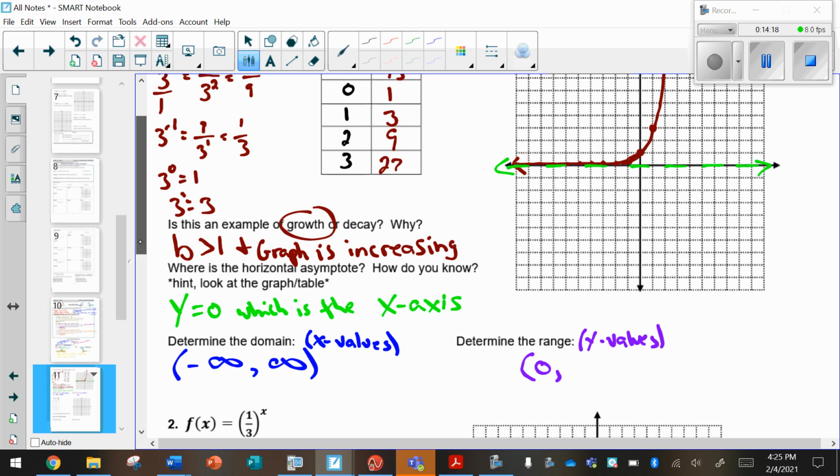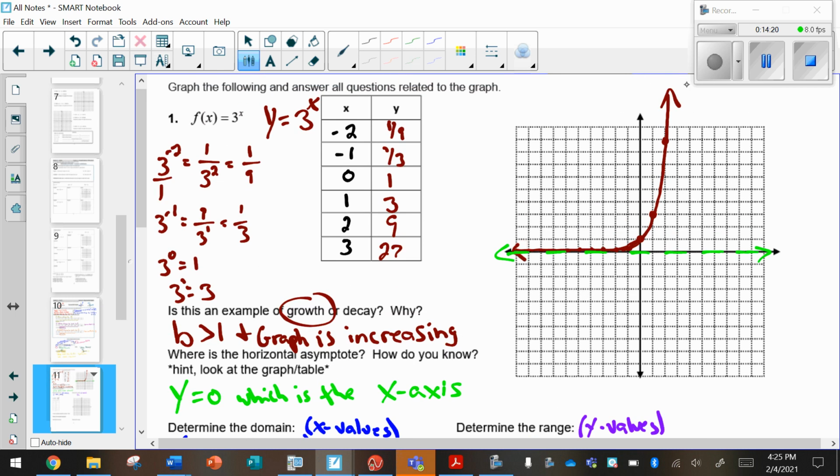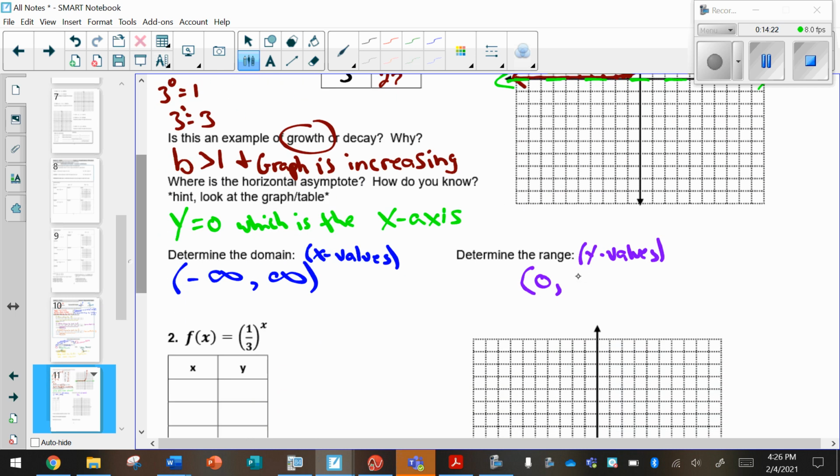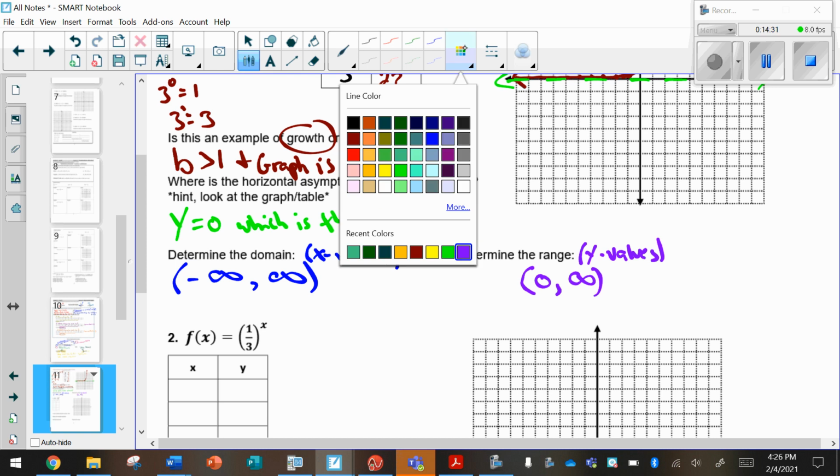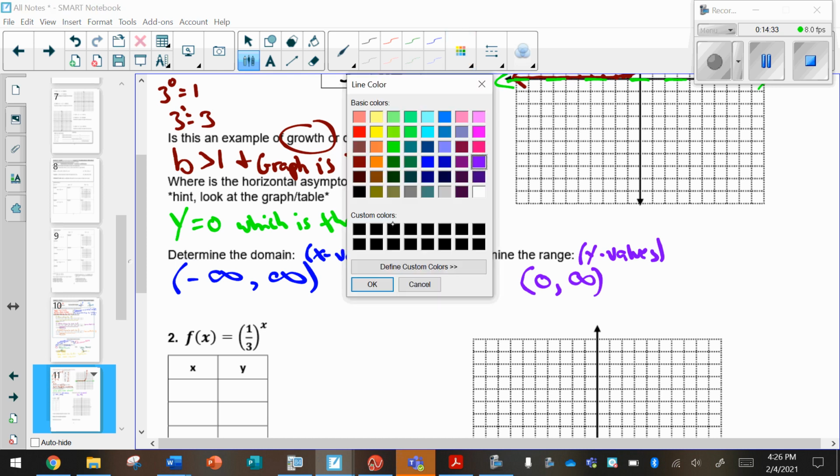And our graph, as you can see, goes up the page vertically forever. So it goes up to infinity. So that's an example of an exponential growth by a common ratio of 3. Let's do an exponential decay with a common ratio of 1/3.